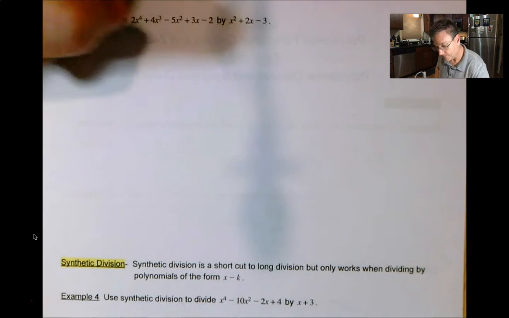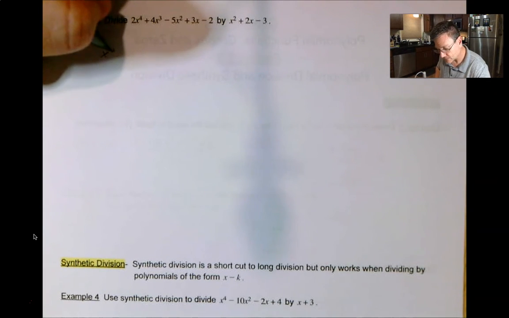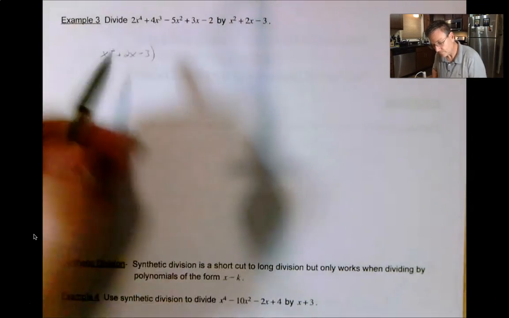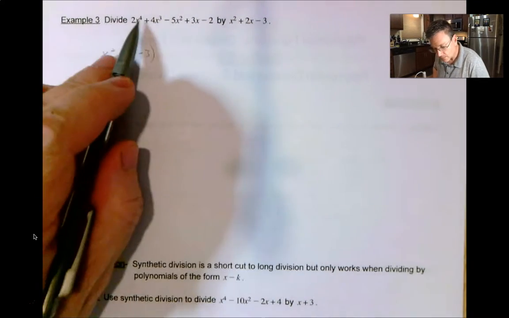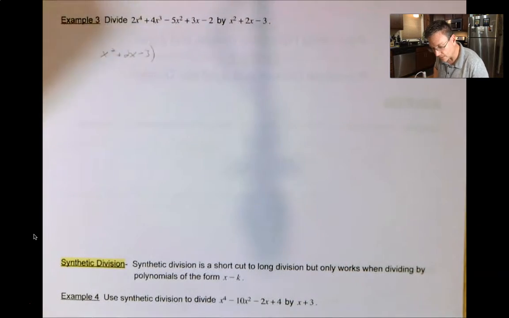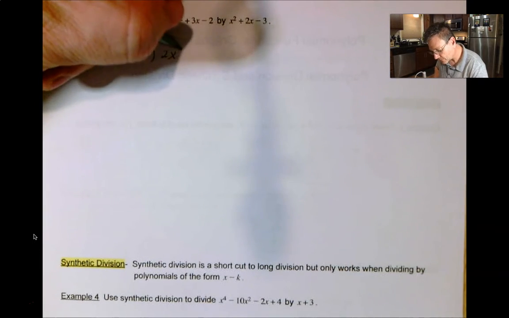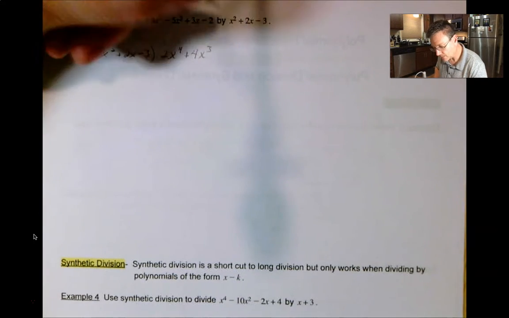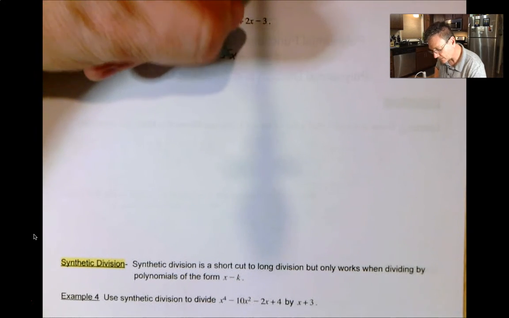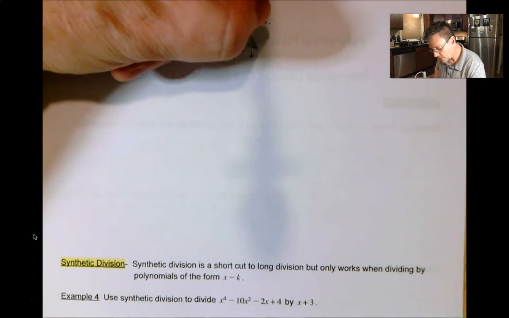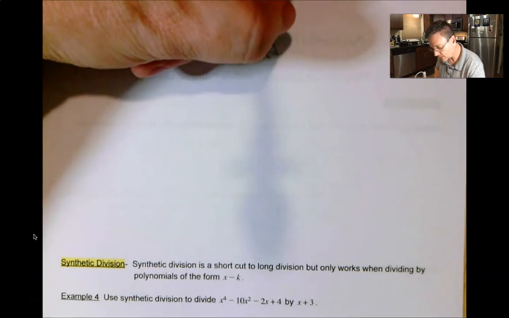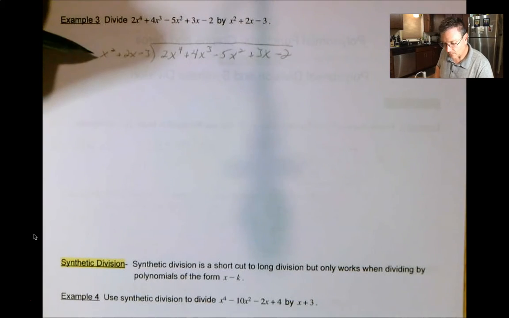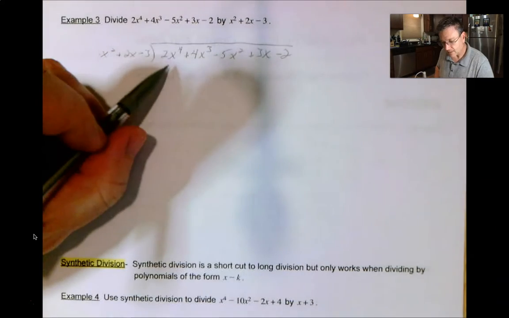Okay, so long division. X squared plus 2x minus 3, and then 4, 3, 2, 1, 0. We don't need any placeholders. 2x to the 4th plus 4x cubed minus 5x squared plus 3x minus 2. What do we have to multiply x squared by to get 2x to the 4th?